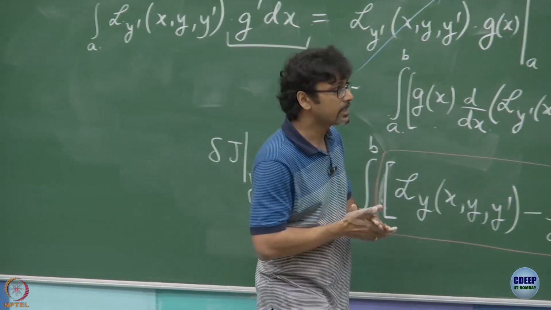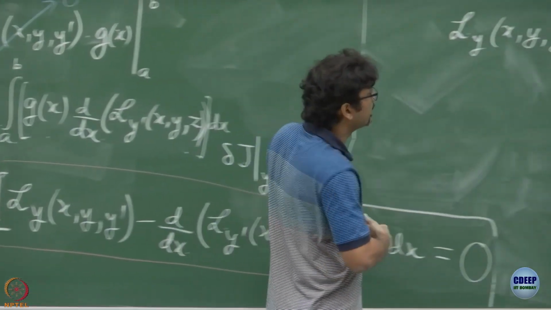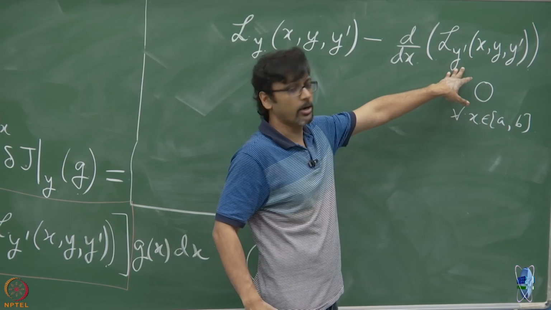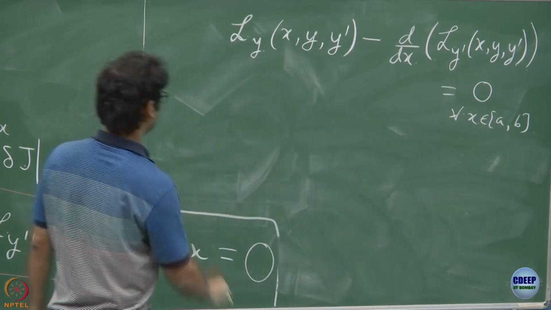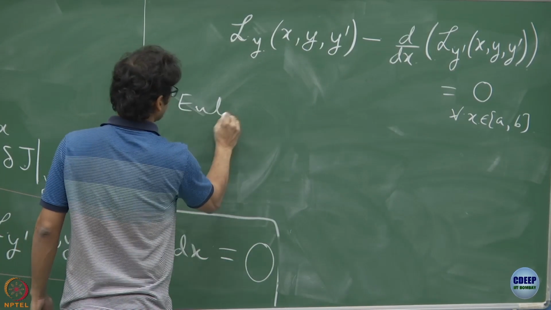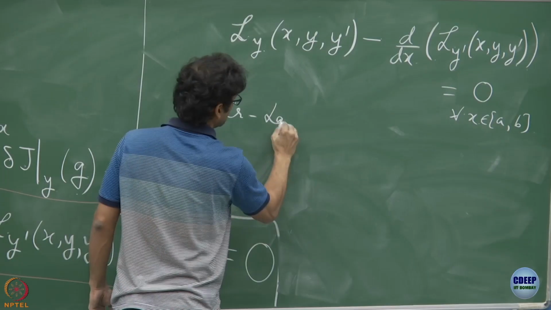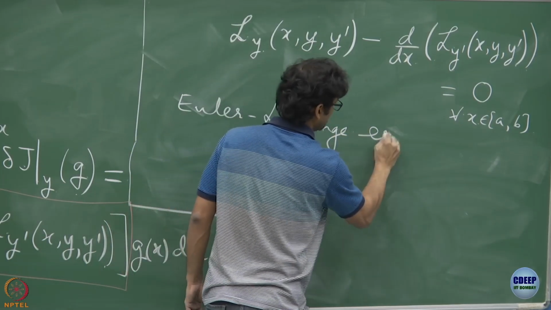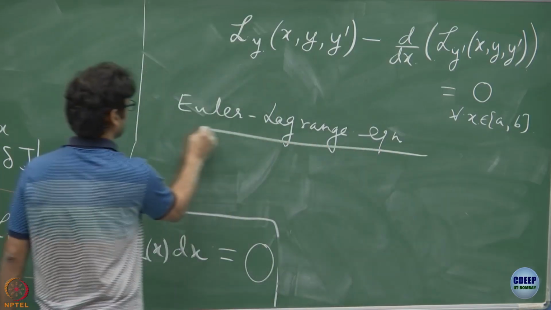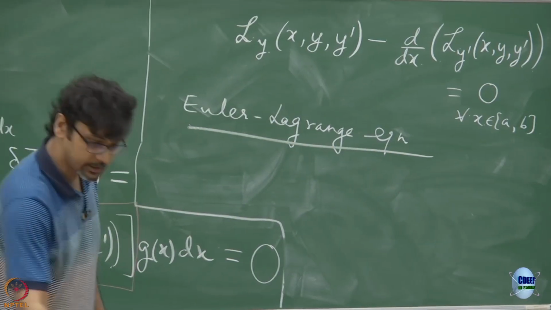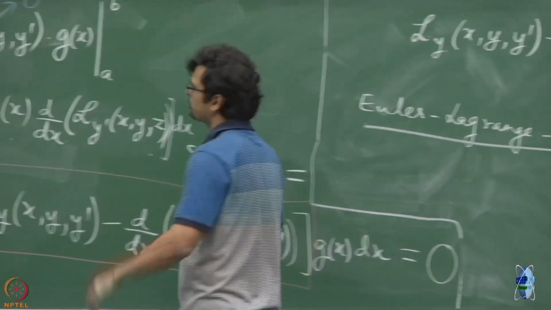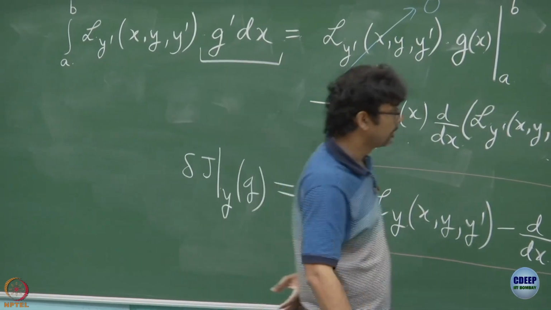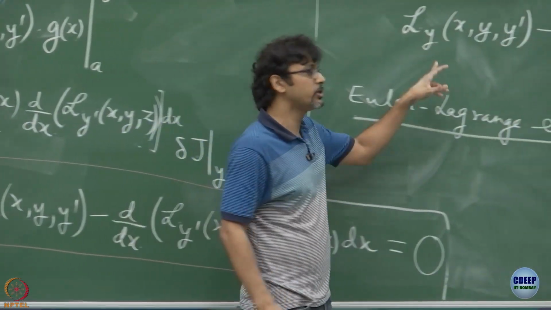When we come back next, we will look at some special cases of this Euler Lagrange equation. So this is the celebrated Euler Lagrange equation. When we come back, we shall see that suppose there are some special features of this cost function j given by the Lagrangian.